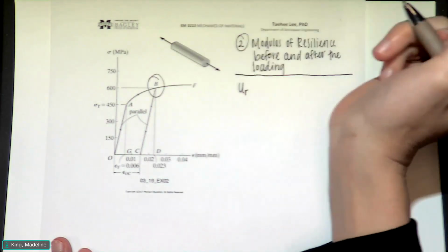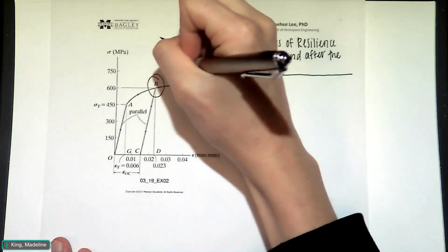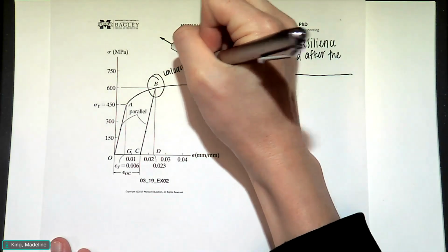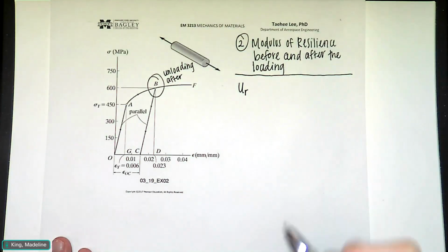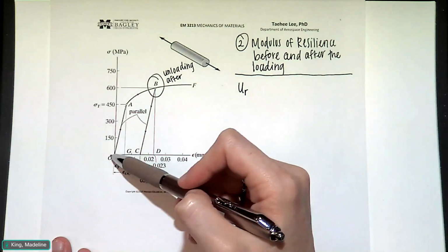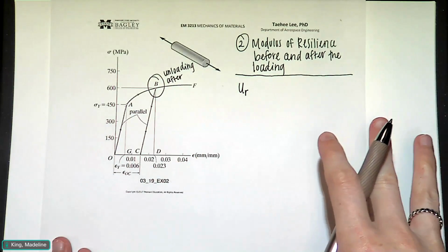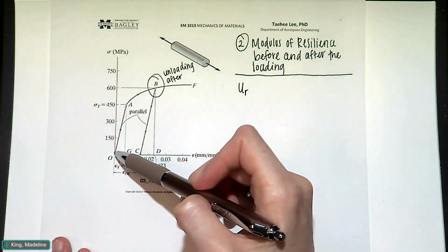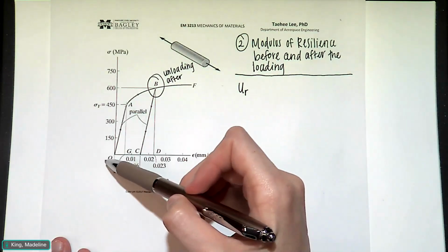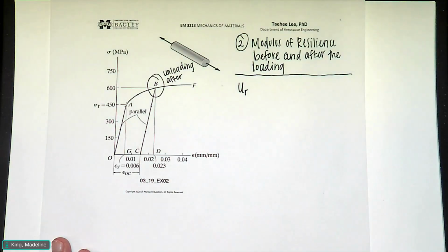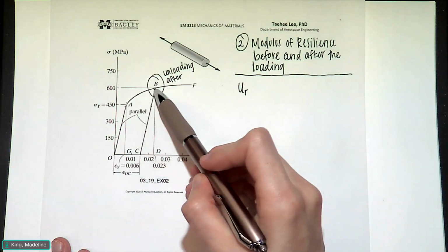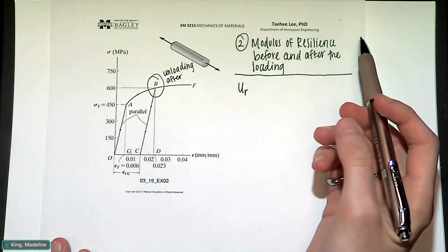I'll explain in a minute. Okay, point B was when we started unloading. So that will be our after, okay? And from point O to point A, that will be before the loading. I know I said earlier that we're already loading from point O to point A. I think it's really asking for before the loading, before the plastic behavior starts happening, okay?